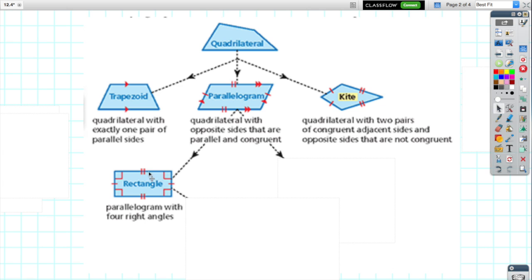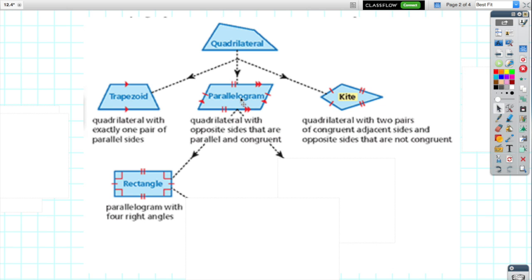It's got one pair of parallel sides, two pairs of parallel sides, and these sides are congruent and those sides are congruent. Now the only way that a rectangle is a more special type of parallelogram is that it's also got four right angles. So a rectangle is a parallelogram and is a quadrilateral. But a trapezoid is only a quadrilateral. So that's why trapezoid is off here, dead ending, and same thing with our kite.